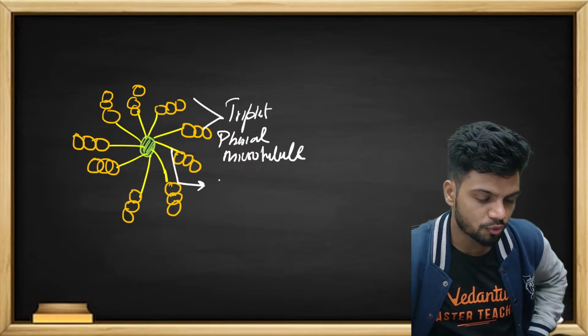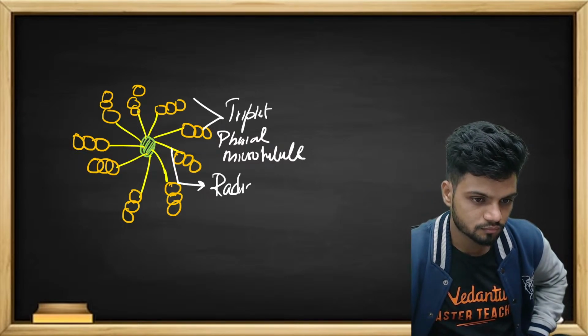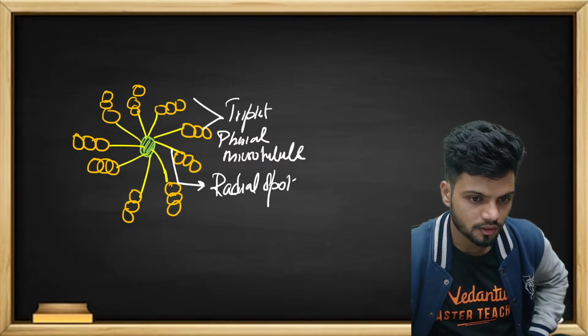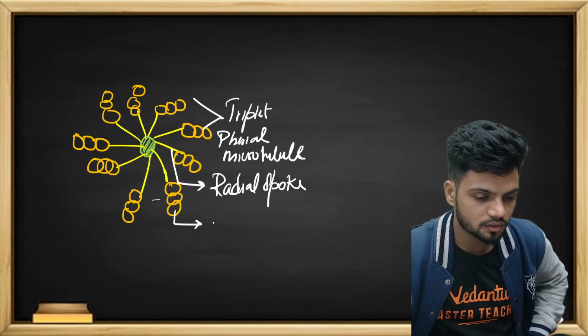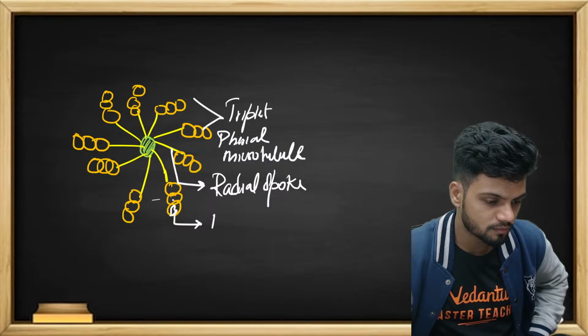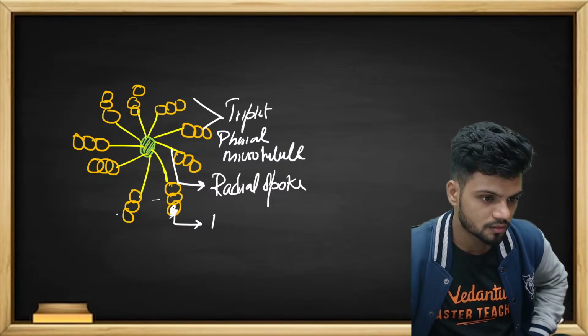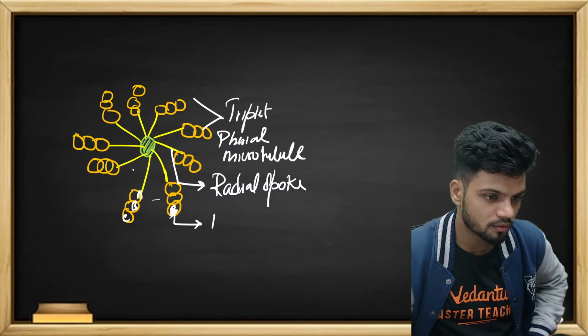This is called a radial spoke again. This is the peripheral microtubule A. Here we have B. We have one more, C. C, B, A, C, B, A, C, B, A.